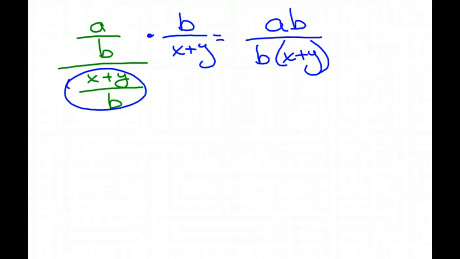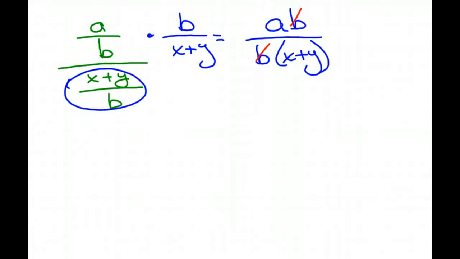Some of you would try doing this all at once. You'd put the A and B together, and distribute this right away, and then write it distributed. But if you write it this way, with the A, B on top, showing that you're going to distribute, you find something very, very important here. Yes, you can cross out the B's. If you would have distributed, you might not even have seen that. But this way, it's a lot easier to find. So your answer is just A over X plus Y.